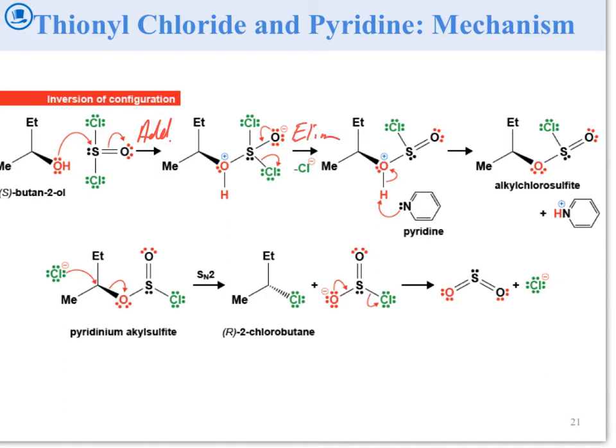Now the difference here is this pyridine's floating around, basically trying to help us move this reaction along. And it could react here or it could react later, like I said. I like to show it reacting later, personally. I think it just makes more sense that way for me to see it. But you could do it this way. It's not a big deal.